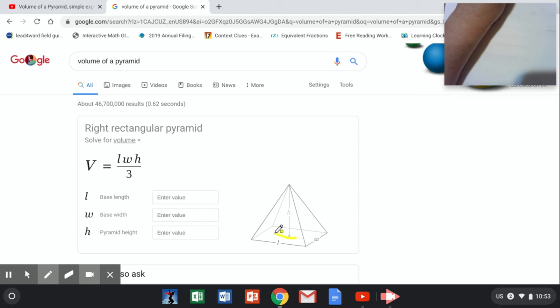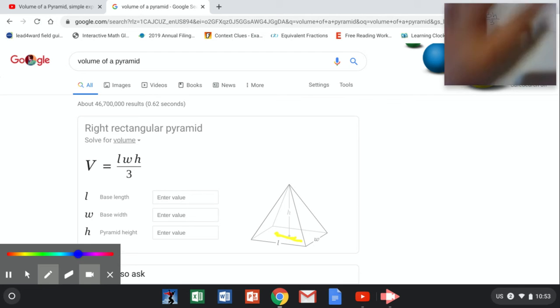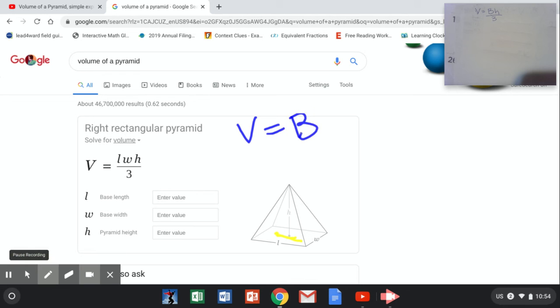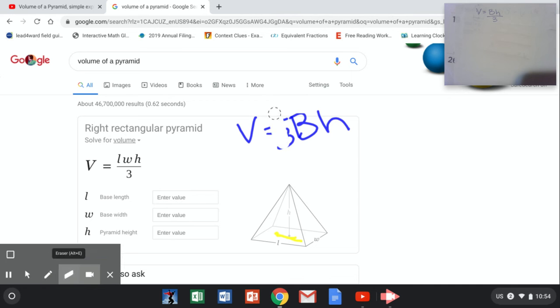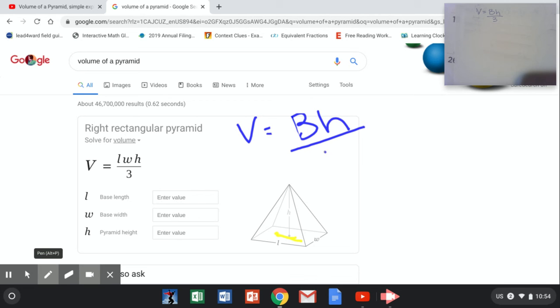The bottom down here is a rectangle, which we just talked about. So that formula on your chart is going to be V equals capital B times H. You could see it as 1/3 capital B times H, or if we don't like it that way, which makes it a little harder in my opinion, you could always write it capital B, which is area of the base, times the height divided by 3, because that line in a fraction means to divide.